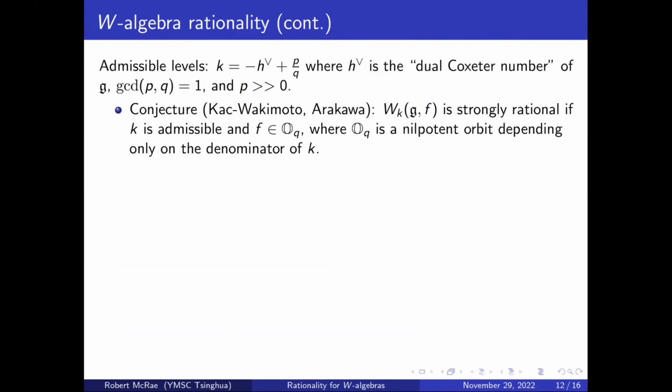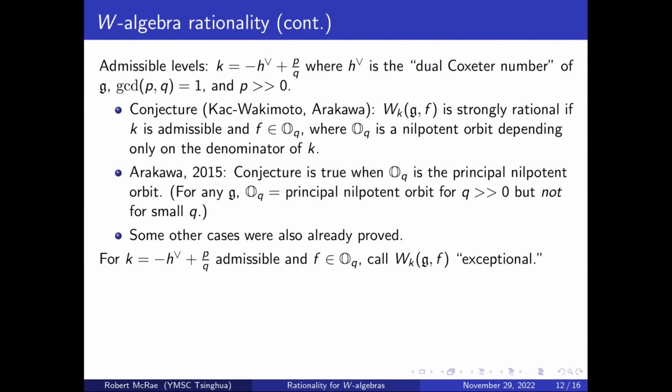And so the conjecture, which was originally formulated by Wakimoto and then generalized by Arakawa, is that this simple W-algebra is strongly rational if K is an admissible level and F is in a certain nilpotent orbit of G, this nilpotent orbit depending only on the denominator of the level K.